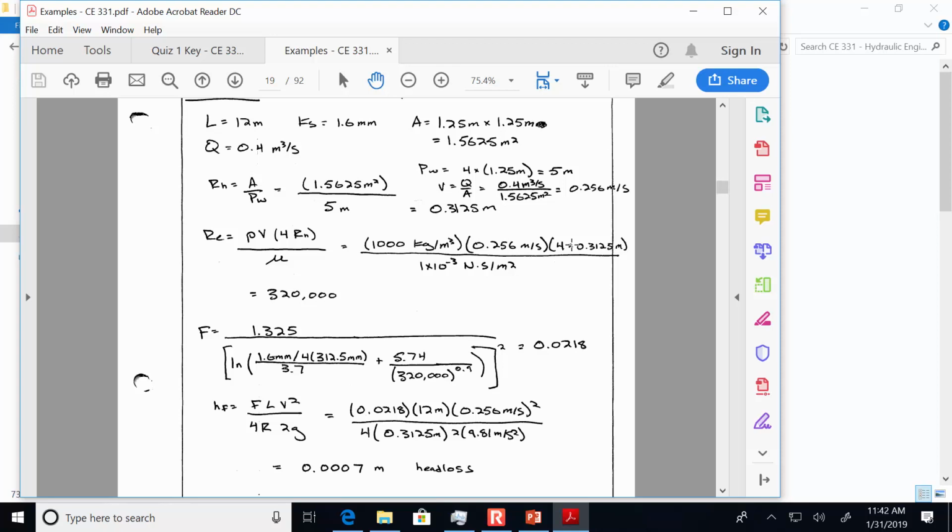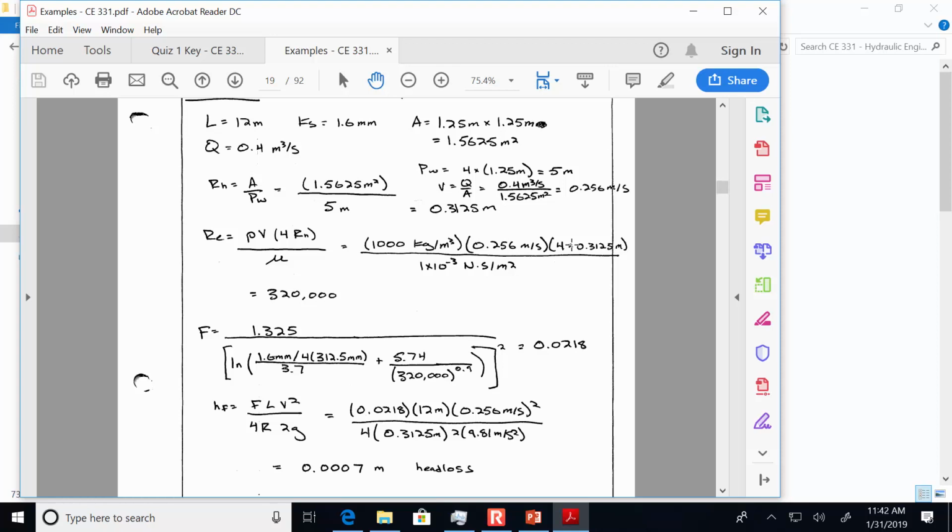So this is water, typical conditions, 1,000 kilograms per cubic meter. The velocity of flow, if Q is 0.4 cubic meters per second, then V is Q divided by area. We calculated the area already. So the velocity is 0.256 meters per second.